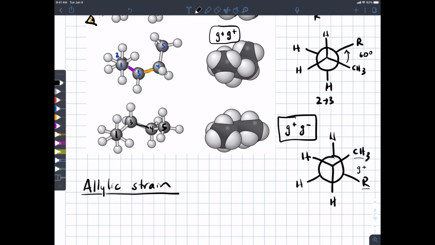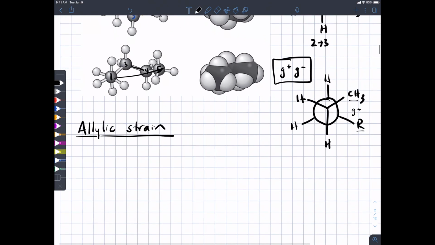And so a question you could ask is, well, why don't I just bond them together, right? 1, 2, 3, 4, 5. And so if you take those two and you bond them together, you now have cyclopentane, and you relieve that interaction by just enforcing it.